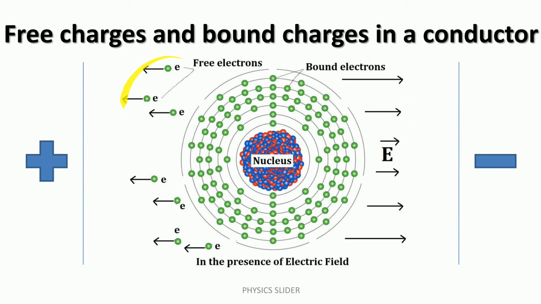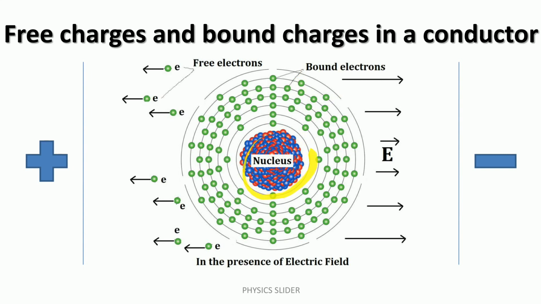So these electrons which are detached from the outermost shell are called free electrons or free charges, and these other shells are nearby to the nucleus or the positive charge, which attracts them. So these are bound electrons or bound charges due to the positive charge of the nucleus.